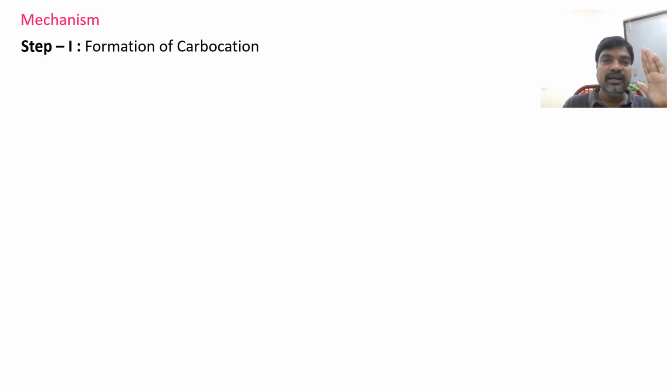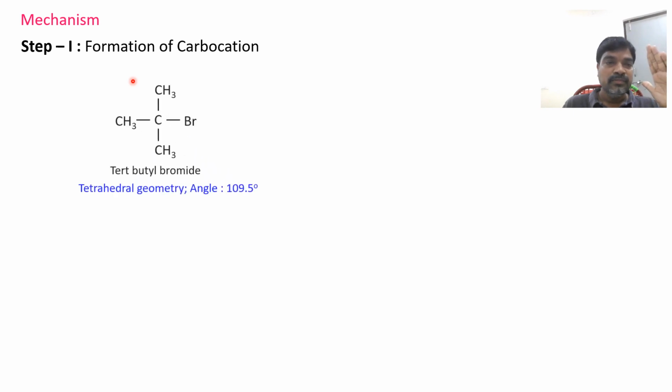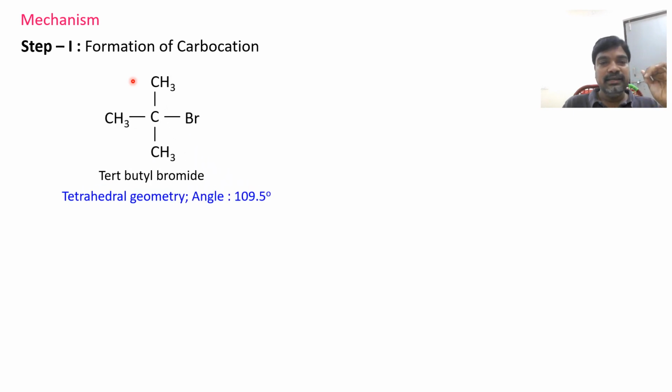Coming to the reaction mechanism, as we already discussed, this SN1 reaction proceeds in a two-step reaction mechanism. The first one is formation of the carbocation. We already discussed that the reaction intermediate in SN1 reaction is the carbocation intermediate. How is the carbocation forming? First take tertiary butyl bromide.